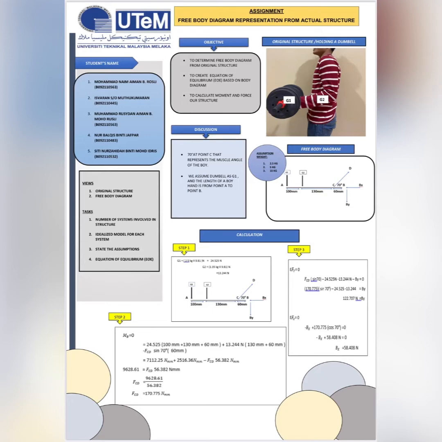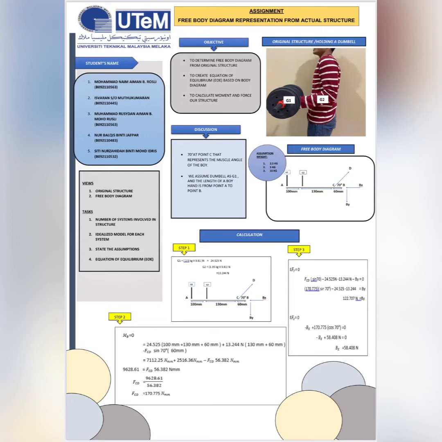Now I will proceed with our calculation. After a thorough discussion, we give 3 steps of calculation in our FBD picture. Step 1, G1 equals 2.5 kg times 9.81, which we got from natural gravity, so it equals 24.525 Newton.